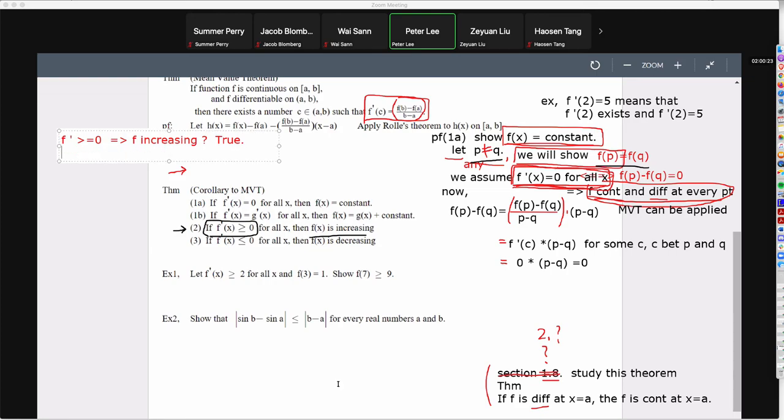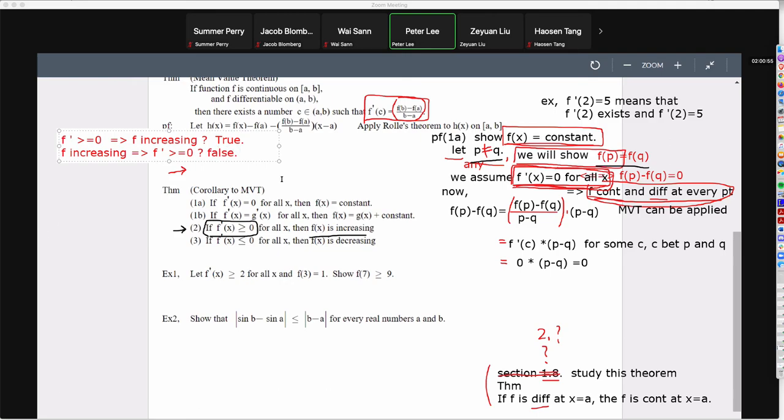If f is increasing, then can you conclude that f prime is positive? Can you say this is true? If f is increasing, can you show that f prime is greater than 0? Can you say that is true? This is false.